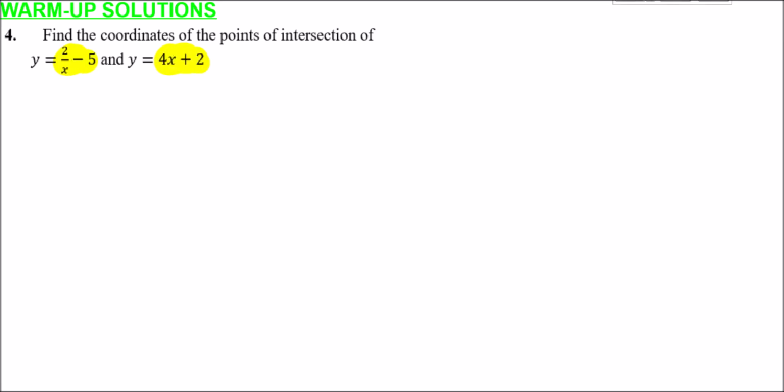And so we can set 2 over x minus 5 equal to the second expression for y, 4x plus 2. So, what we can do first of all is multiply both sides of this equation by x.